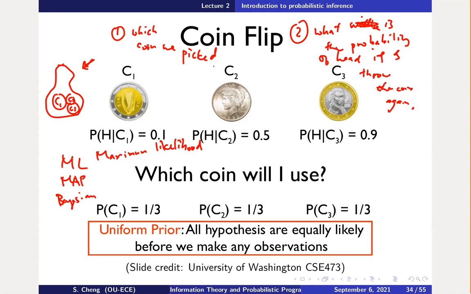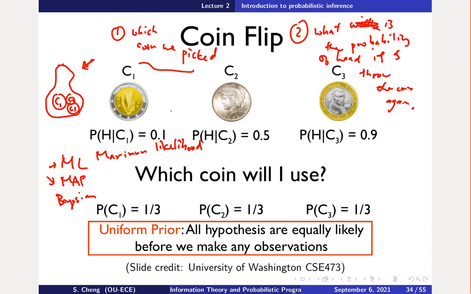And by the way, if we just ask the first question, you won't see the difference between MAP and Bayesian. But if we answer the second question, you will see there's a difference between MAP and Bayesian. But first, for the difference between ML and MAP, let's focus on the first problem.